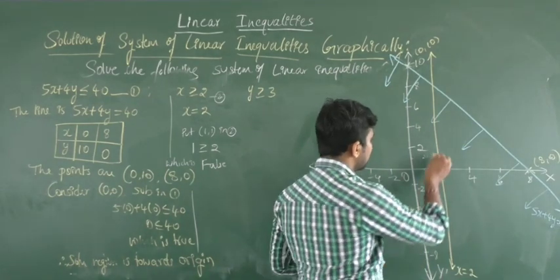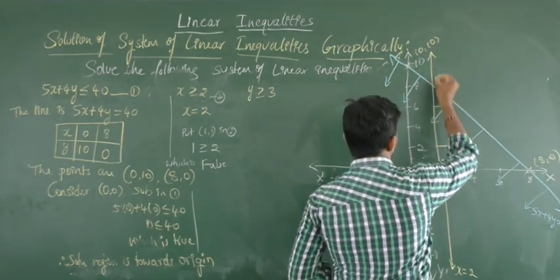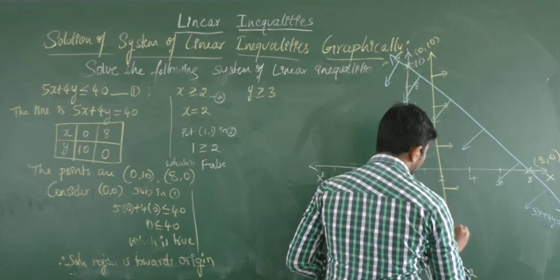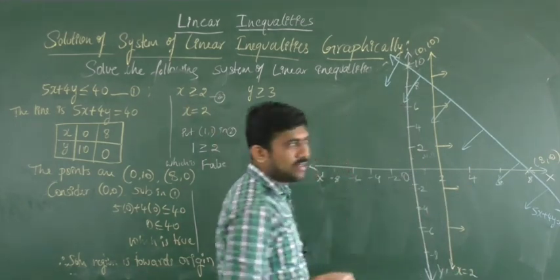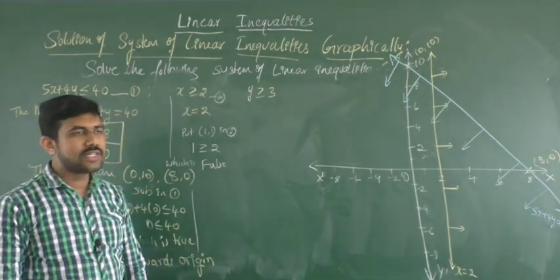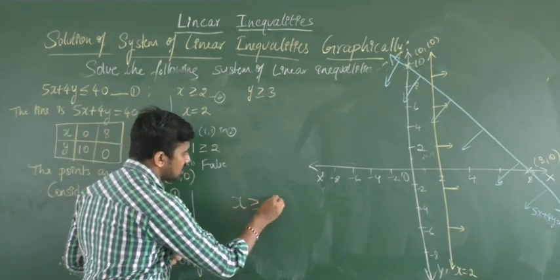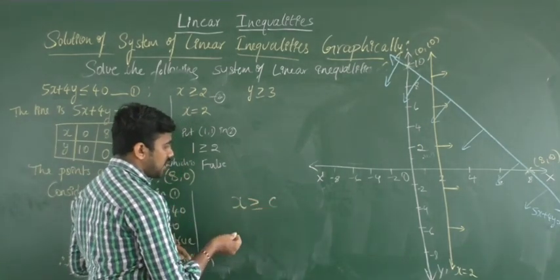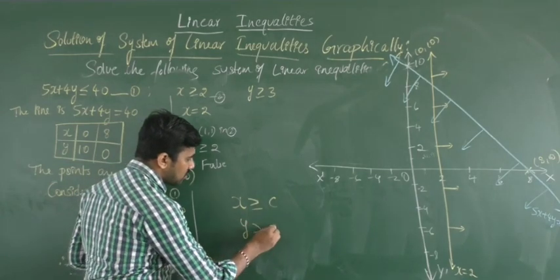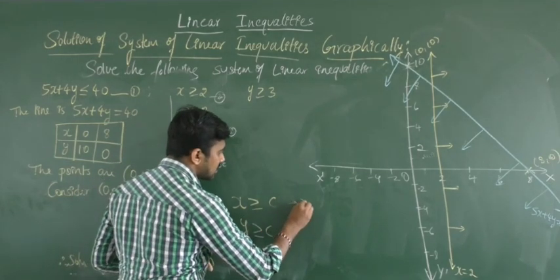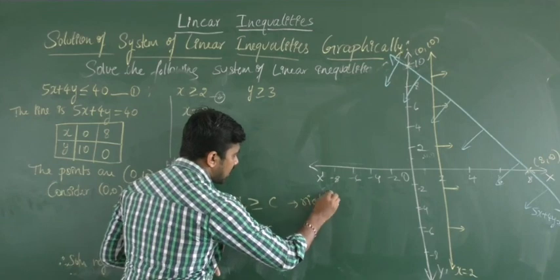Okay, like this we can say, by assigning the value for the given inequation. Understand? Or else, as I said, if you have x greater than or equal to some constant, or y greater than or equal to some constant, in this case we'll get the solution region on the right side always.